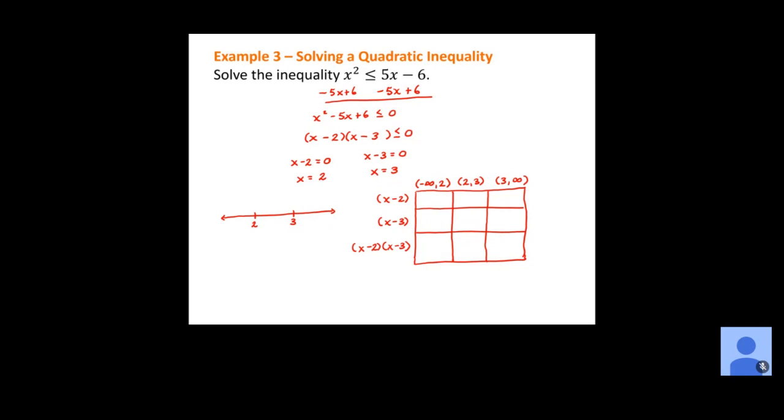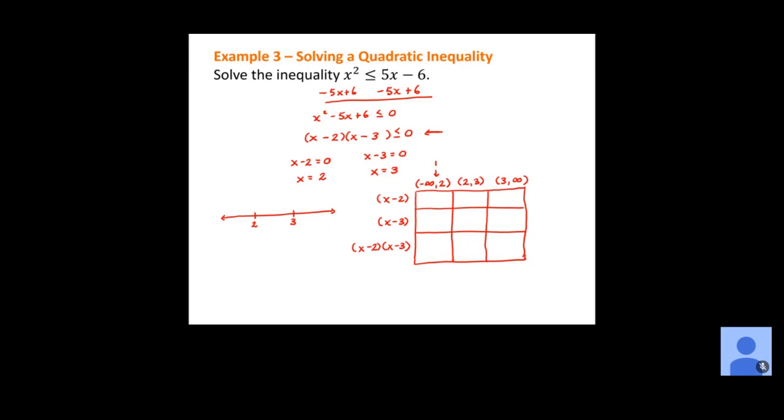Right, now at that point, I need to choose a value in each one of my intervals to test. So I'm going to start with this one right here, the negative infinity to 2. What's a number that would fall in that interval? One, okay? Let's go with 1. So what I'm going to do now is I'm going to come back to my inequality up here in factored form, and I'm going to substitute in that test value.